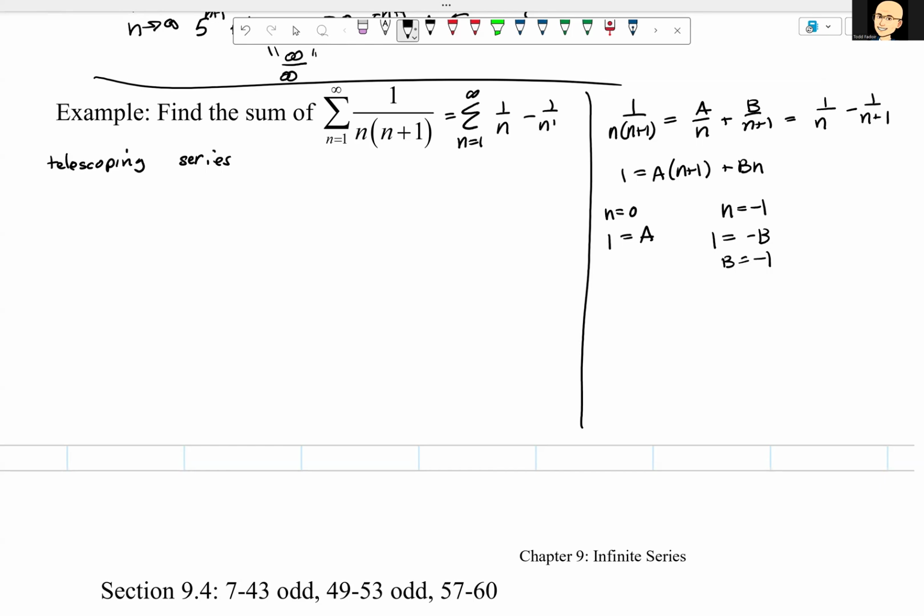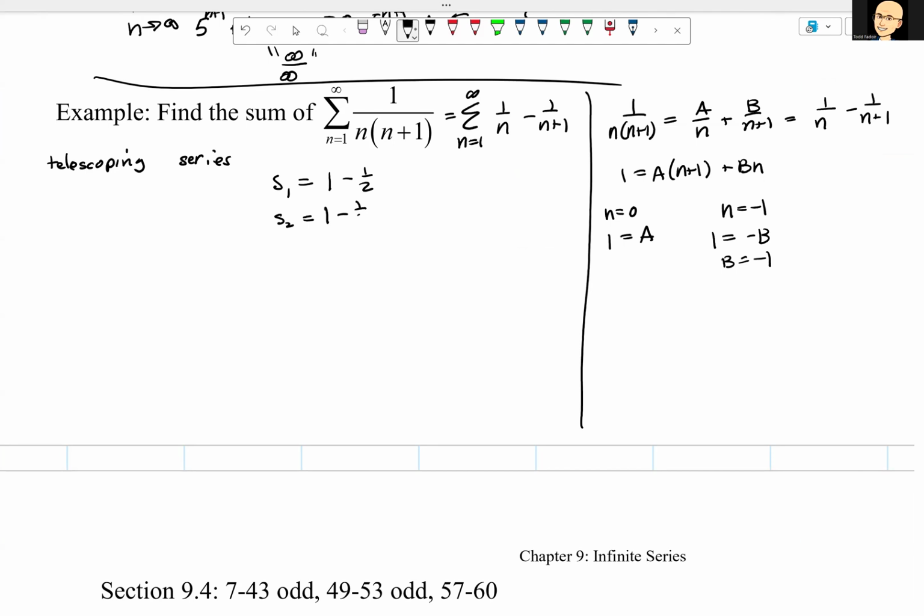Now, the reason why that's important is that we can start looking at the partial sums in order to try to determine what's going on with this series. The first partial sum, the sum where n is equal to 1, is 1 minus 1/2. Okay, well, that's not too exciting. Let's take a look at the second partial sum.